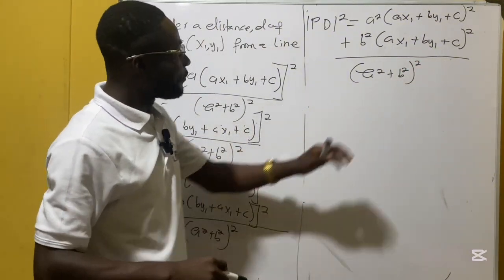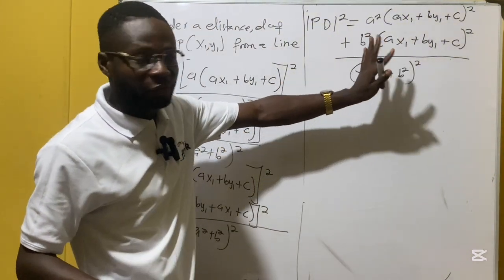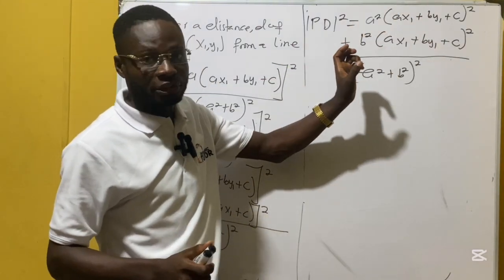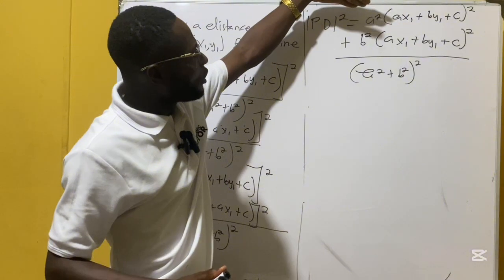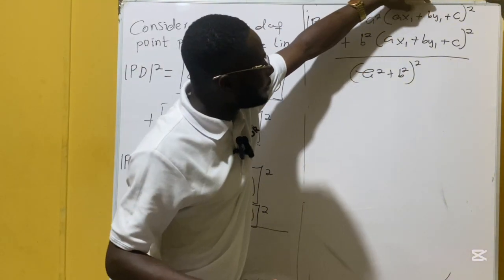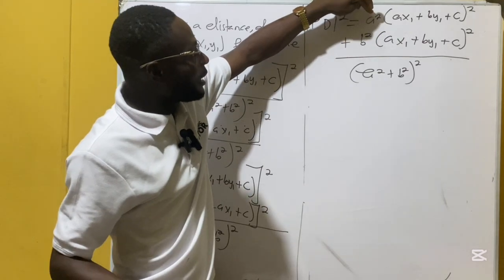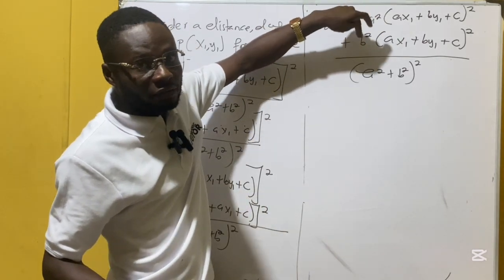So from here, we can see that we have factorized the information, right? Now we can see that the information in the two brackets is the same, so we can add their coefficients, right?